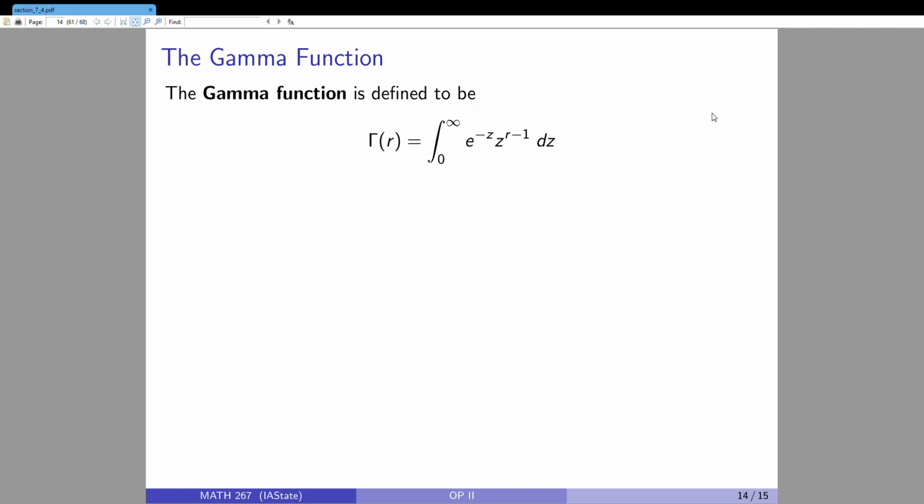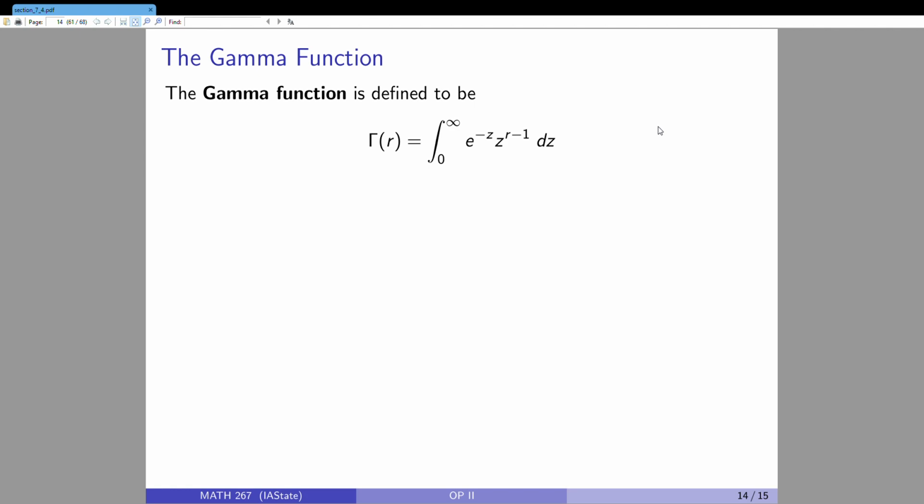Note it's another integral defined function, but note where all of the ingredients are. e to the negative z is getting integrated out. The input is the power on the z term here, the polynomial term.